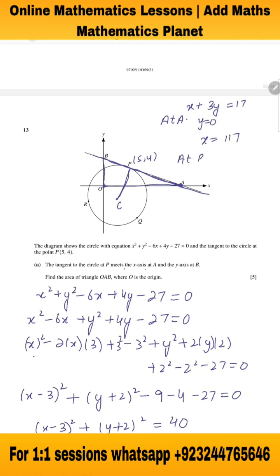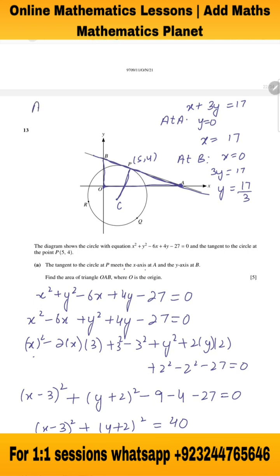And at B, x = 0, so 3y = 17, y = 17/3. Okay, so we get the coordinates of A and B.